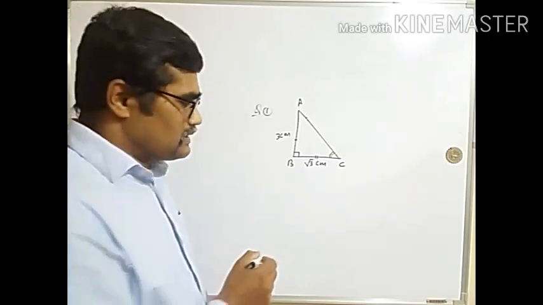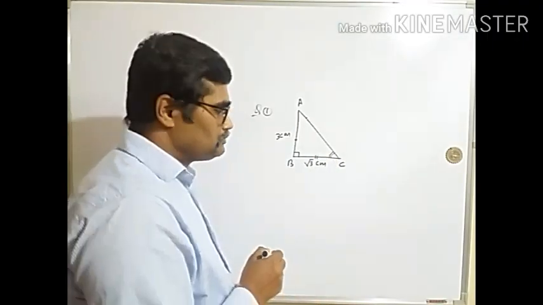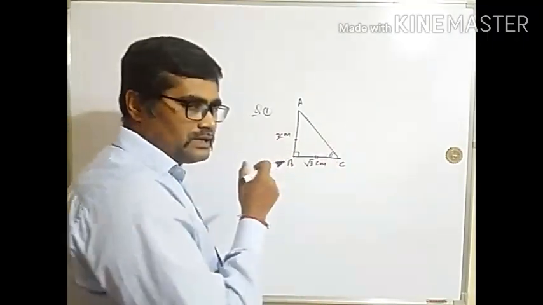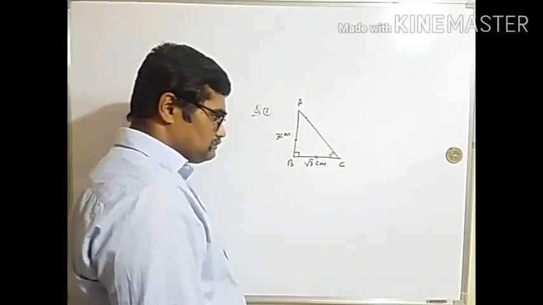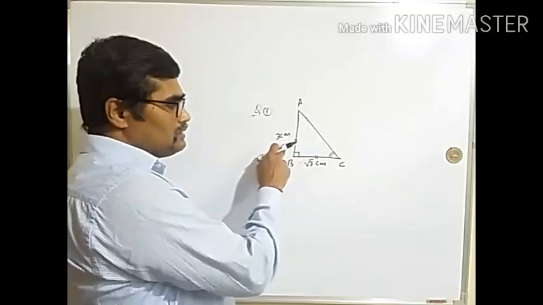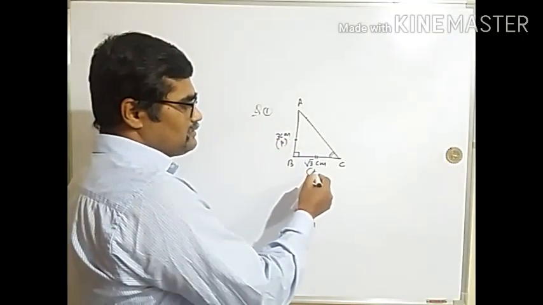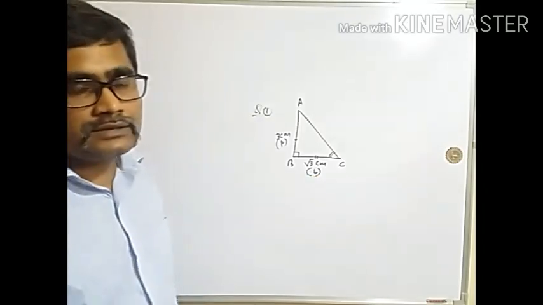Try to remember, opposite to the 90 degree angle is the hypotenuse. Of course we do not need it here. Then opposite to the given angle is known as the perpendicular, and whatever is left out is the base.